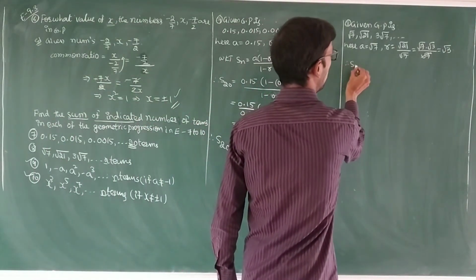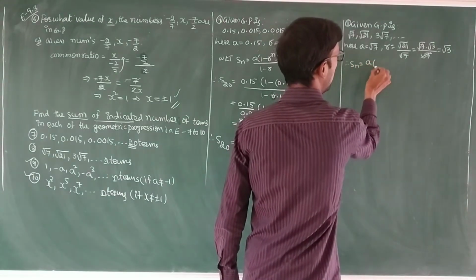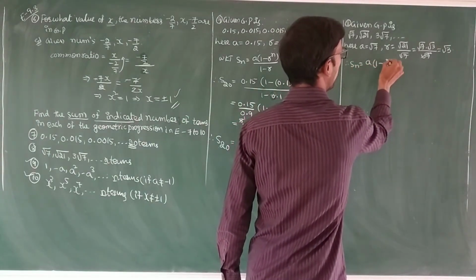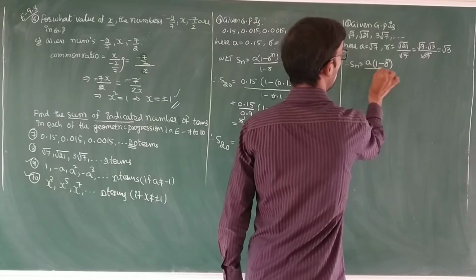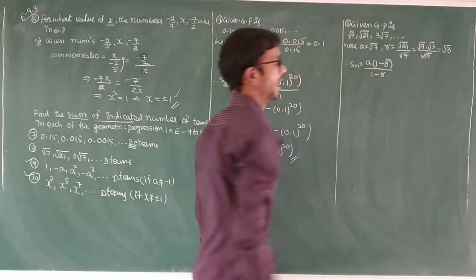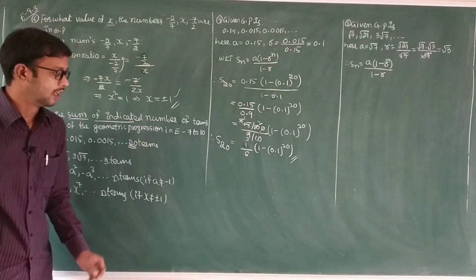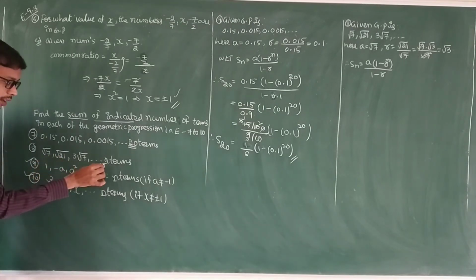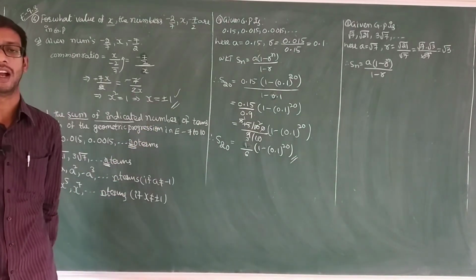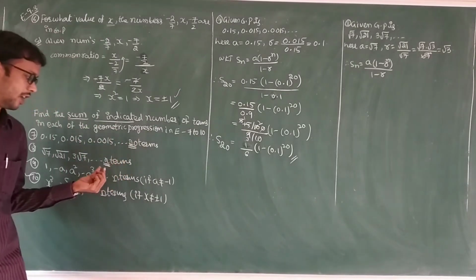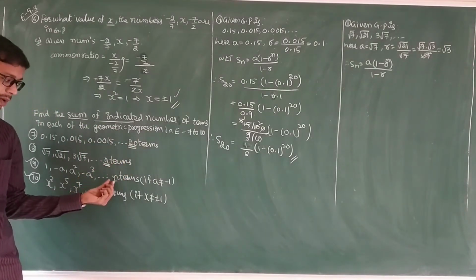Therefore, the Sn formula, first I am writing: A into 1 minus r power n divided by 1 minus r. Here how many terms is the question asking? The question asks for n terms, so n only we have to take. No need to substitute any value. This problem also has n terms.